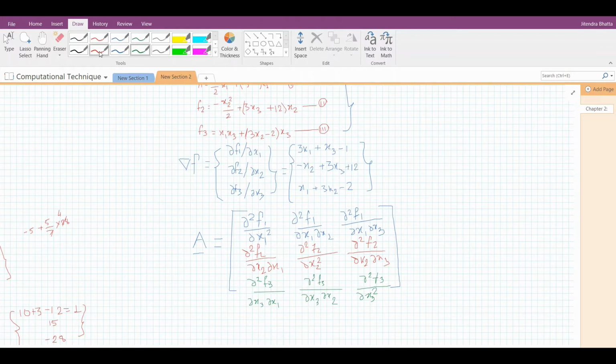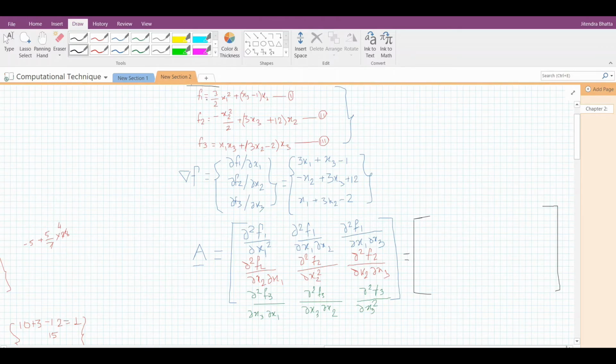Now this will be your A matrix. Now let's find our A matrix, which will be equal to, we have to find the derivative of this one 2 times with respect to x1. So this will give us 3. Here we do it first with x2, which is 0, and then this one with respect to x3 will give us x1, and with respect to x1 will give us 1.